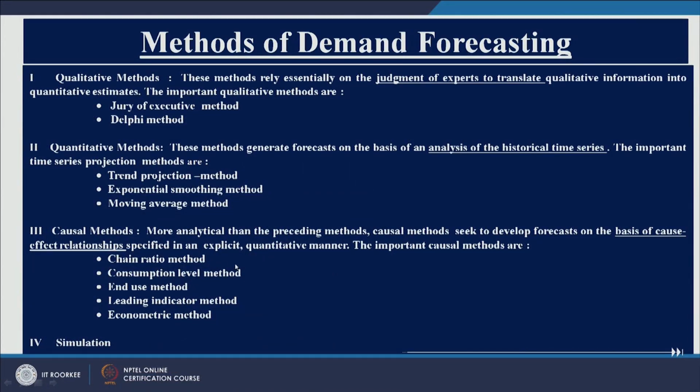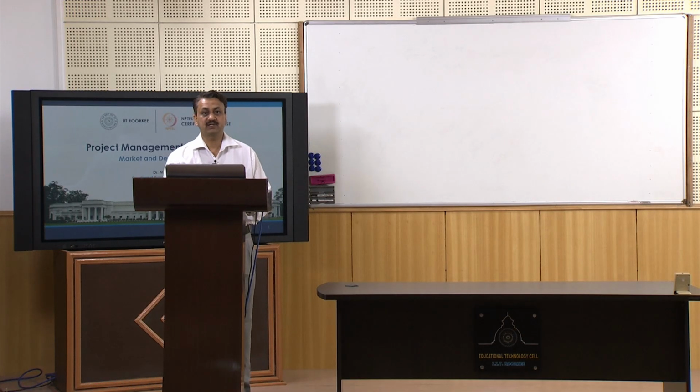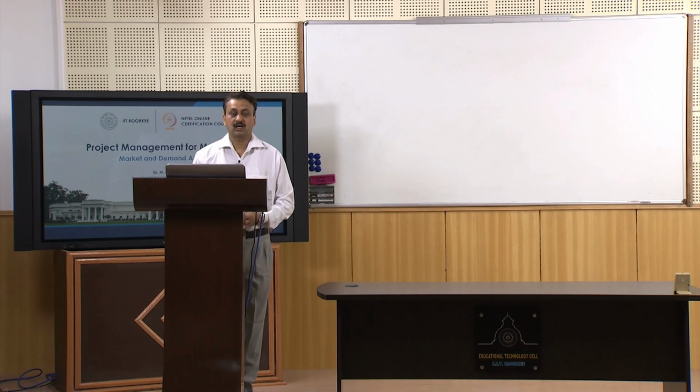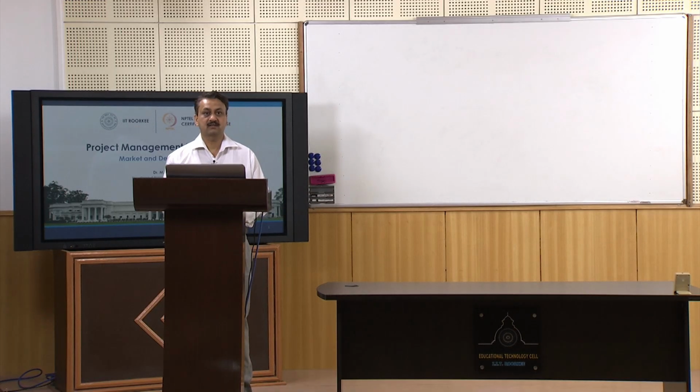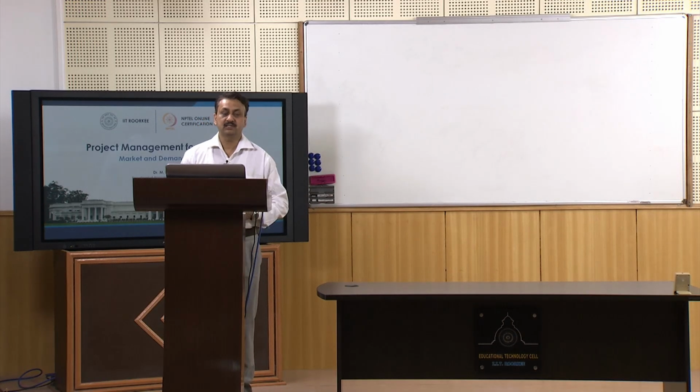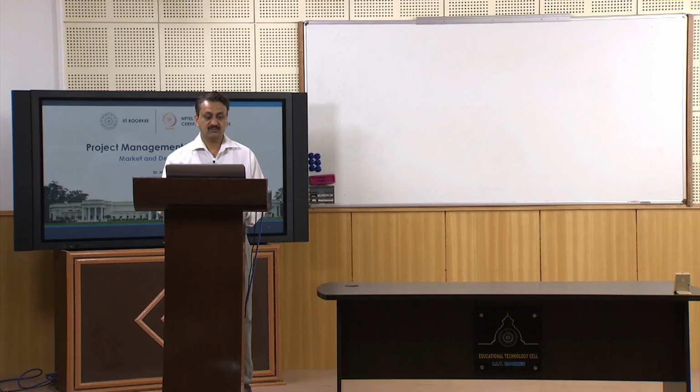You have the chain ratio method, consumption level method, end use method, leading indicator method, and econometric method, and finally you have simulation. Generally we use simulation to know how the output will change when we change our input. Simulation is generally used in highly uncertain situations. So, these are basically 4 methods.